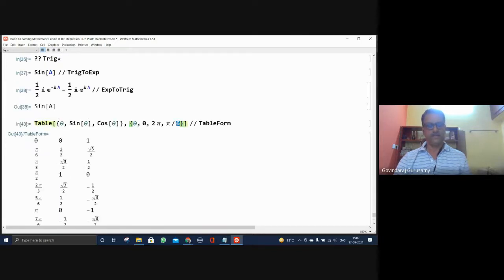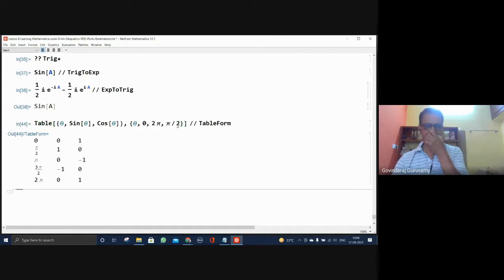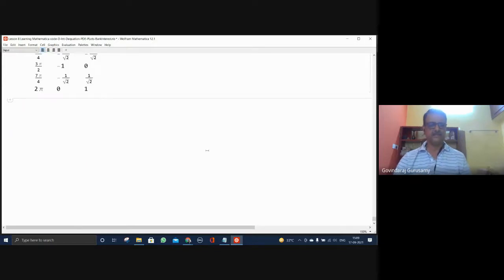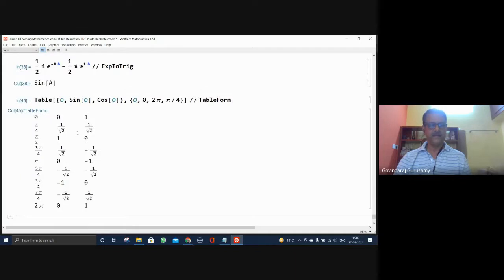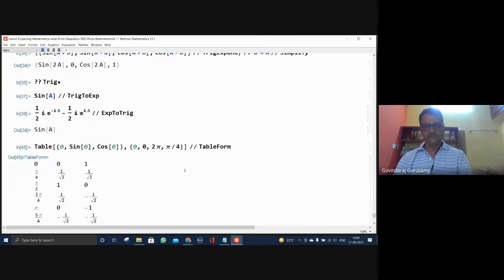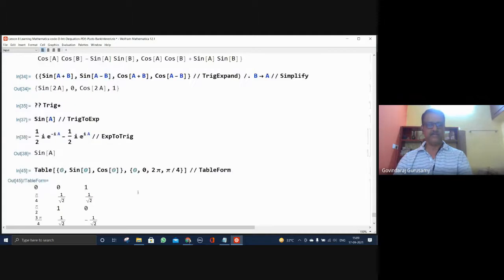So normally we forget things when you have pi by 2 and pi by 4, so those things you can just have. Okay. So this is all very simple to generate through the table and put in a table form. If you wanted a table with all headings, everything, you can do it, but it's not necessary every time to put in a proper form.